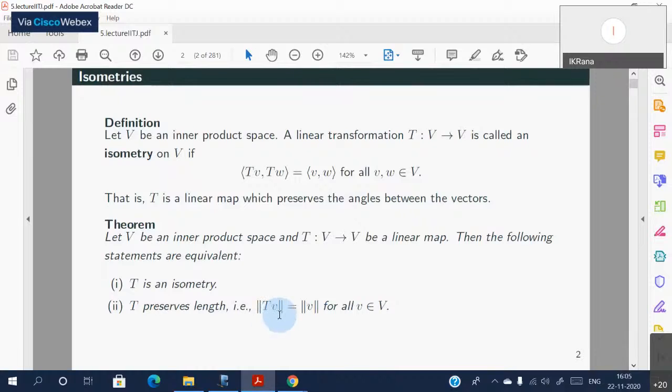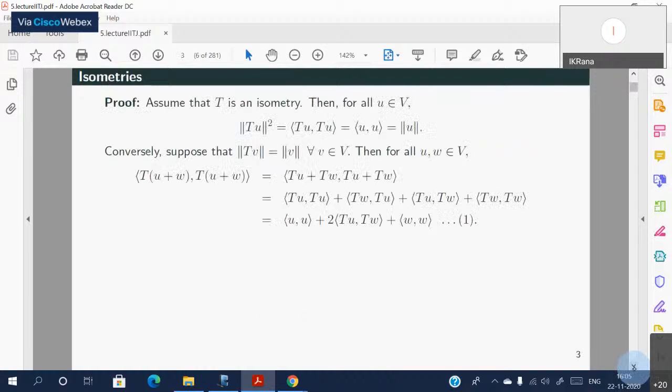The norm of TV squared is equal to the dot product of TV with itself, and that is equal to the dot product of V with itself. So 1 implies 2 is obvious, and 2 implies 1 is also obvious if you look at the dot product of T of U plus V. Let us look at the dot product of T of U plus V and expand it using the properties of the dot product, linearity and the distributive property. That gives you this.